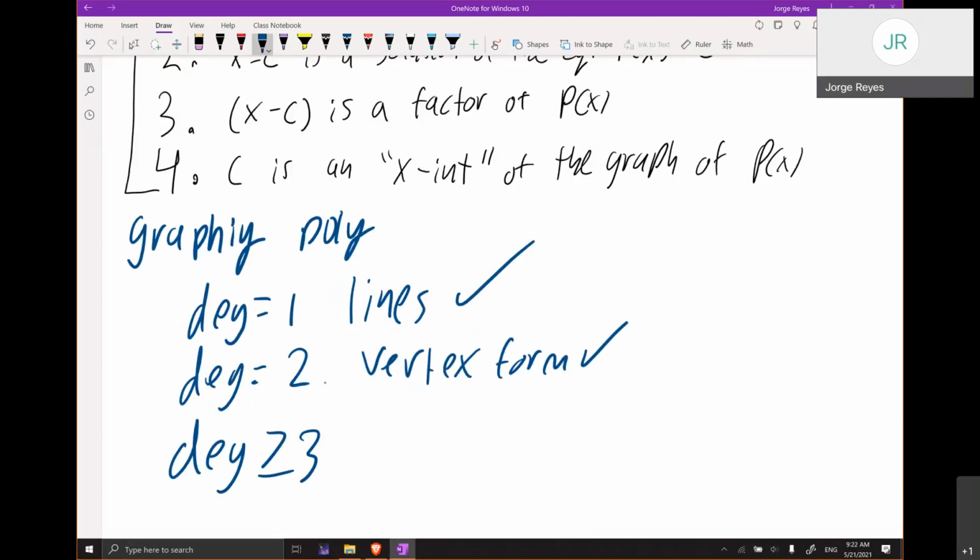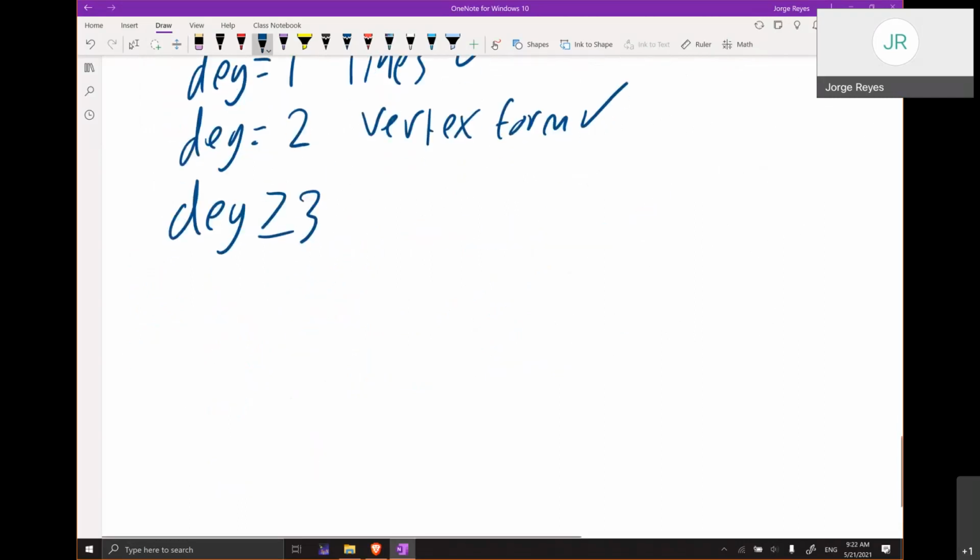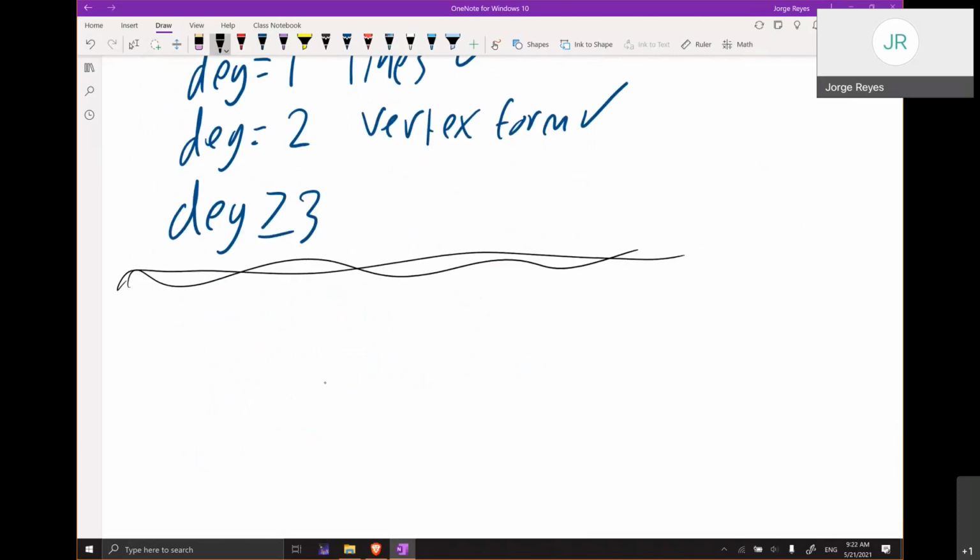When we graph, we're going to follow a kind of flow chart. Step 1 is to find the x-intercepts or zeros, which are the same thing, and that normally means we're going to factor if it's not already factored for us.